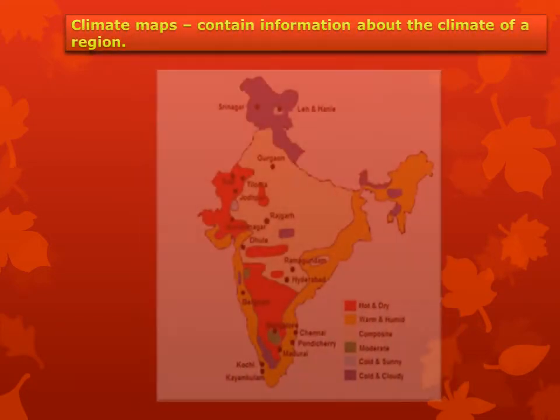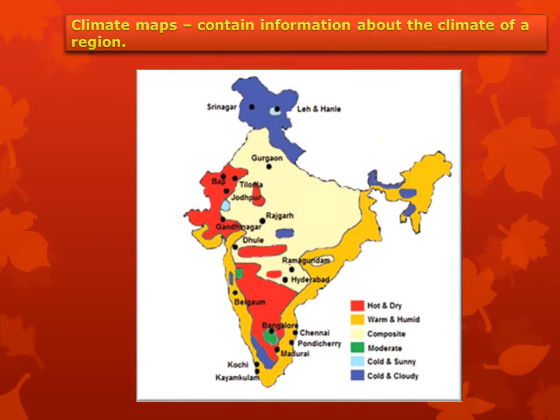Here we have climate map. Climate map contains information about the climate of a region. So here you can see the information of climate has been given. Red is hot and dry places. Yellow is warm and humid places.